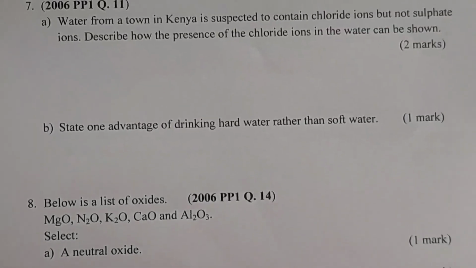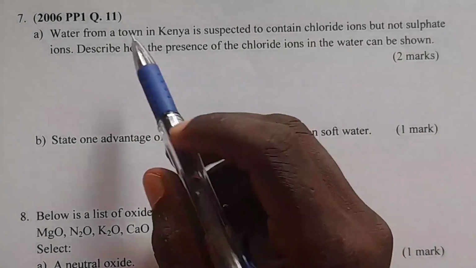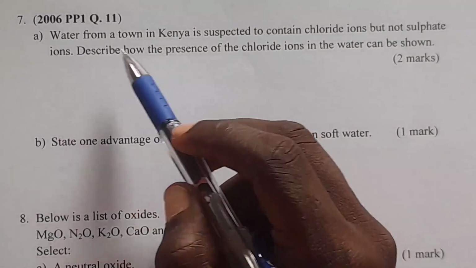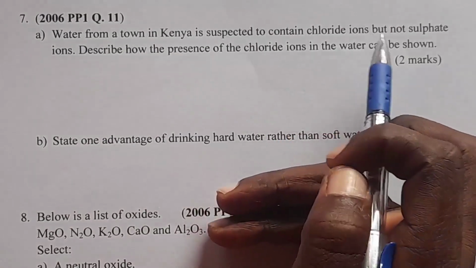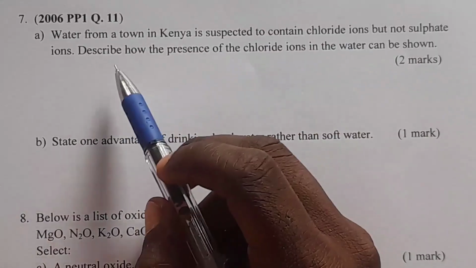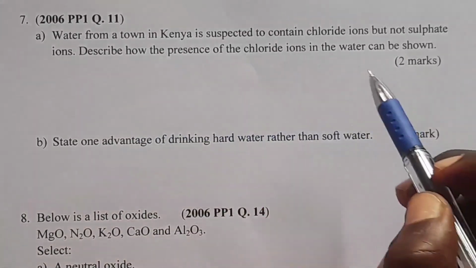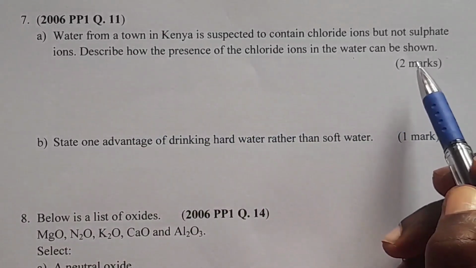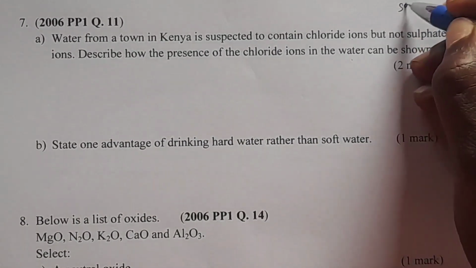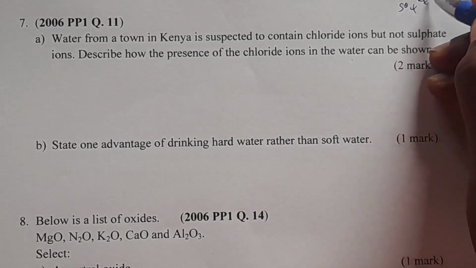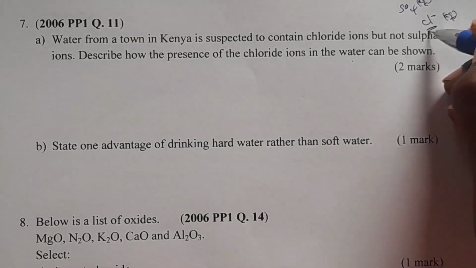In number 7, we are having KCSE 2006 chemistry paper 1, question 11. We are told water from a town in Kenya is suspected to contain chloride ions, but not sulfate ions. Describe how the presence of chloride ions in water can be shown. Here we are not dealing with sulfate ion. Instead, we are supposed to confirm the presence of chloride ions.